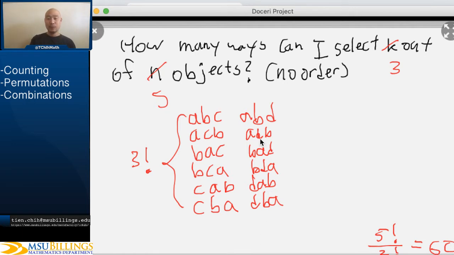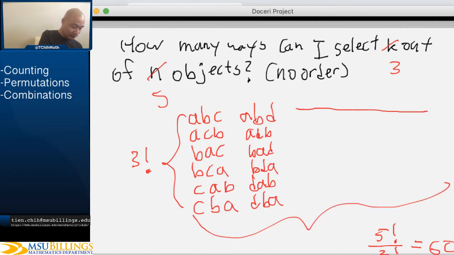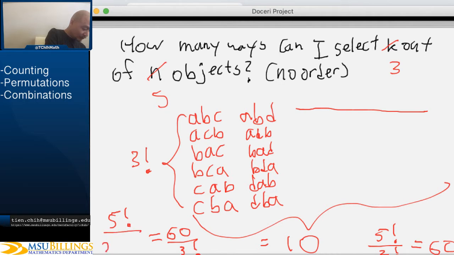And every one of these columns has 6 items in it. And that must mean I must have a total of 10 columns. That 10 comes from the 60 divided by 3 factorial, which is in fact 5 factorial over 2 factorial times 3 factorial.